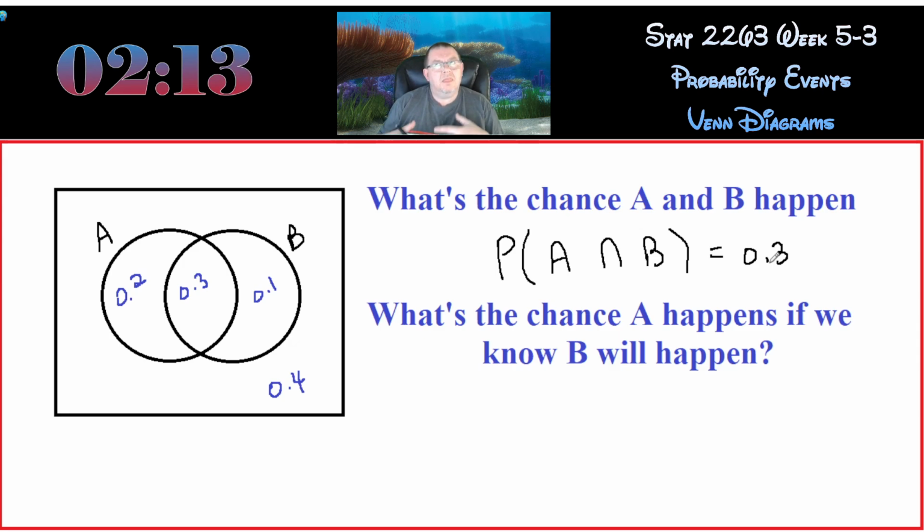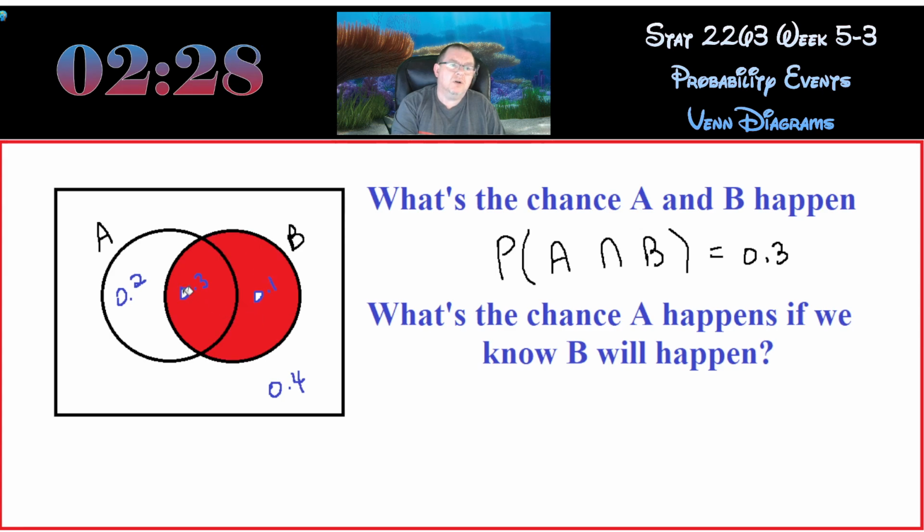But the next question is very different. What's the chance that A will happen if we know that B will happen? So if I know that my answer is going to be in here, I know that the outcome of the experiment will be in B. What's the chance that A will happen?